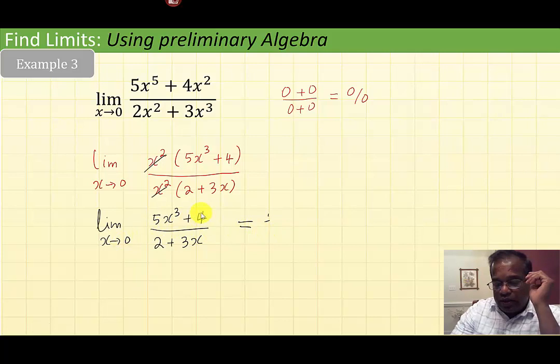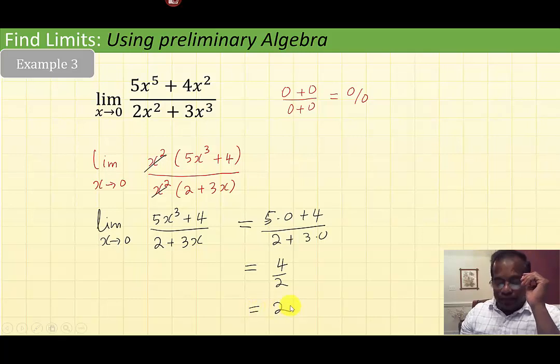So the limit of the numerator, we get 5 times 0 plus 4, over the limit of the denominator, we get 2 plus 3 times 0. So what we get is 4 over 2, which is equal to 2.